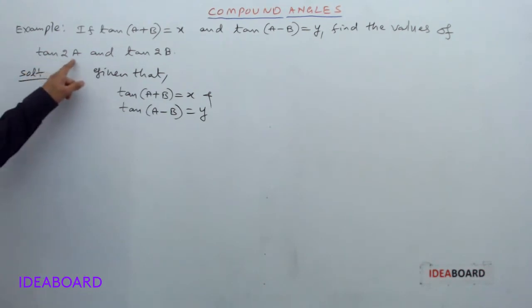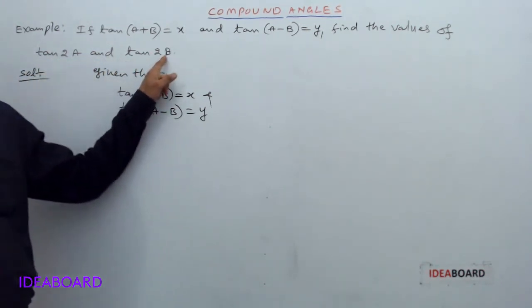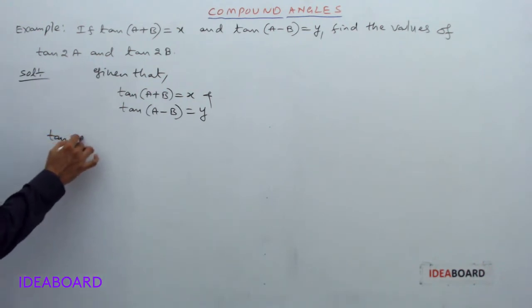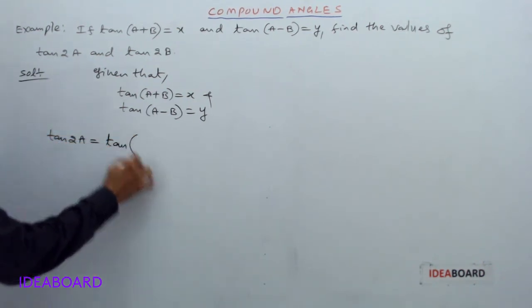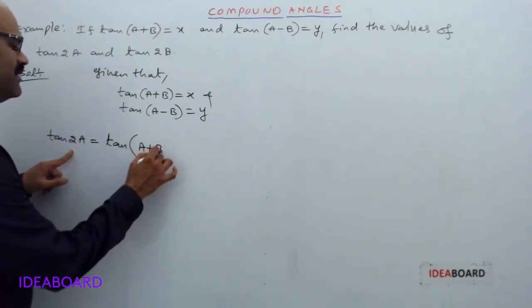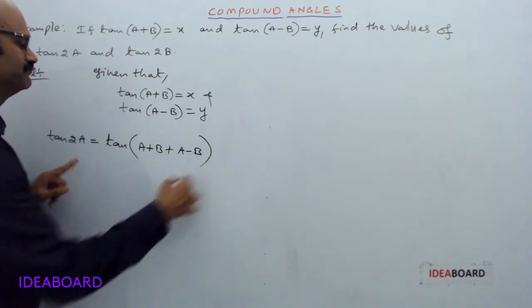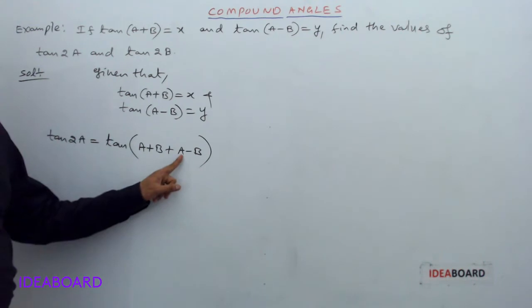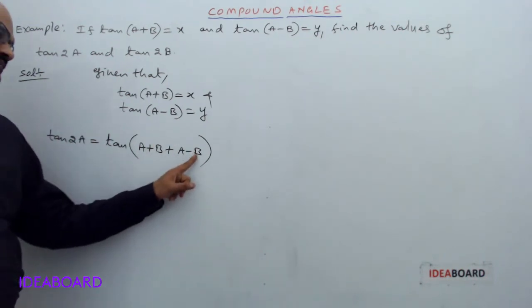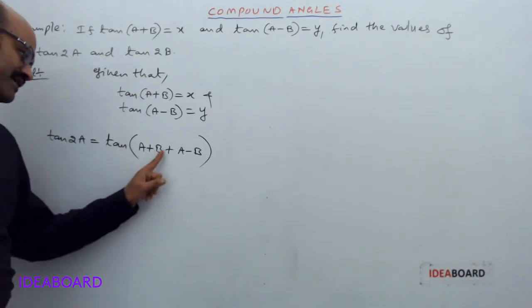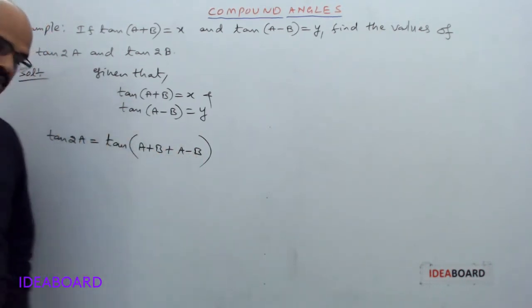Now we have to find tan 2a and tan 2b. Tan 2a can be taken as tan of a plus b plus a minus b: a plus a is 2a, plus b minus b becomes 0. So 2a can be taken as a plus b plus a minus b.